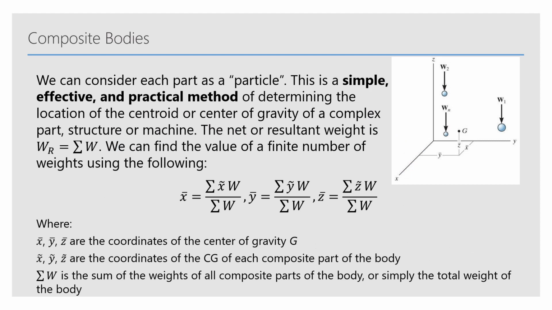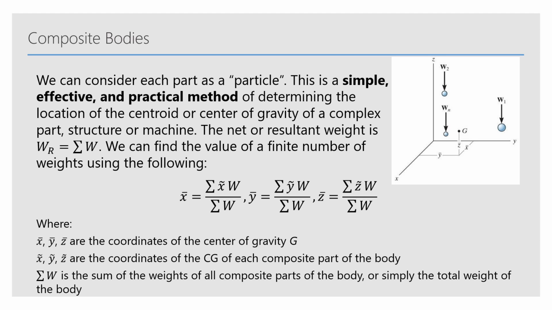So we can consider each part as a particle. This is a simple but effective practice for determining the location of a centroid or center of gravity for complex parts.